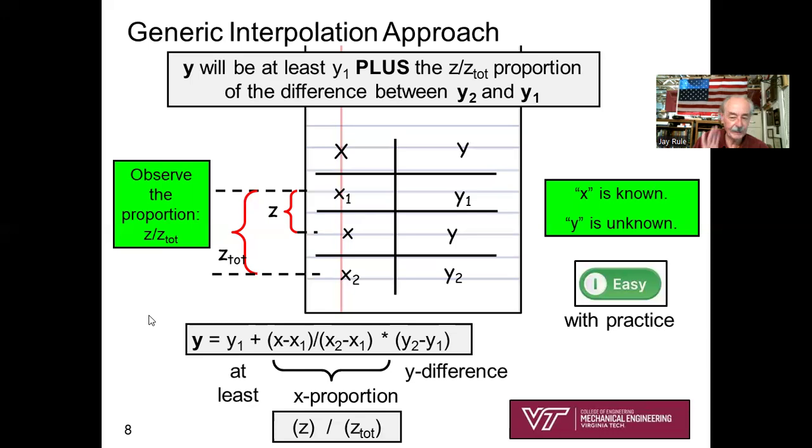That's my desired X; I want Y at a desired X. And so it's a repeat. I just copied and pasted text boxes from my previous one. So I've got Y is equal to at least Y1 plus this proportion, this Z over Z total proportion, X minus X1 divided by X2 minus X1. And then here's my Y difference, Y2 minus Y1. So do you see the similarity? This X proportion is Z over Z total.